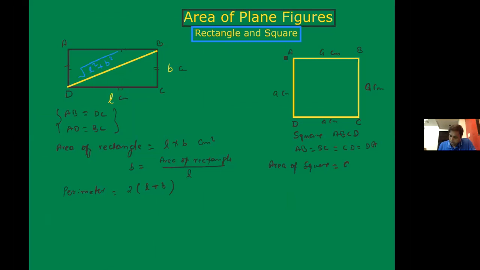So a into a, and centimeter into centimeter gives centimeter square. So it will be a square centimeter square. This is the area of the square, nothing but the side square.